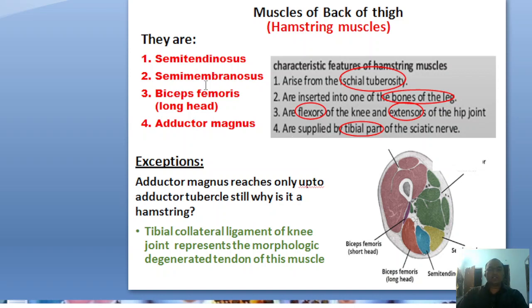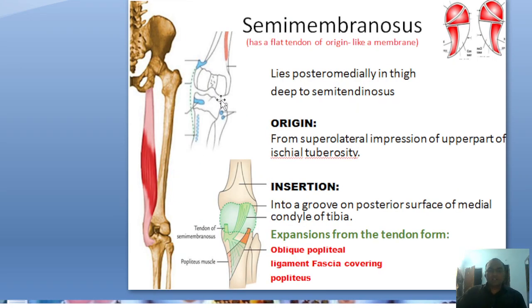So these are the hamstring muscles, the back of thigh muscles. Starting with semimembranosus, it has a flat, membrane-like tendon of origin, so it is called semimembranosus. It lies posteromedial in the thigh, deep to the semitendinosus.